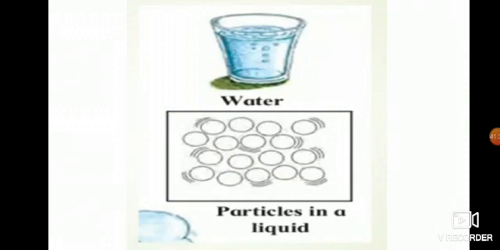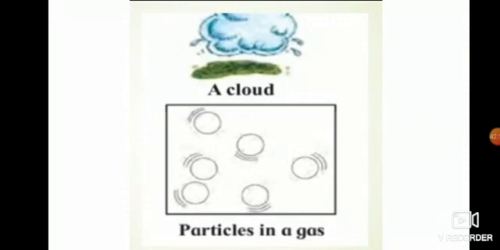In solid, they are attached to each other. Okay, but in liquid, they are a little bit away from each other. Clear to you all? So, now look at the particles in the liquid form. So, there is a distance between the particles. Can you see? Observe. So, these are the arrangements of the particles in the liquid state, that they are a little bit far off from each other.